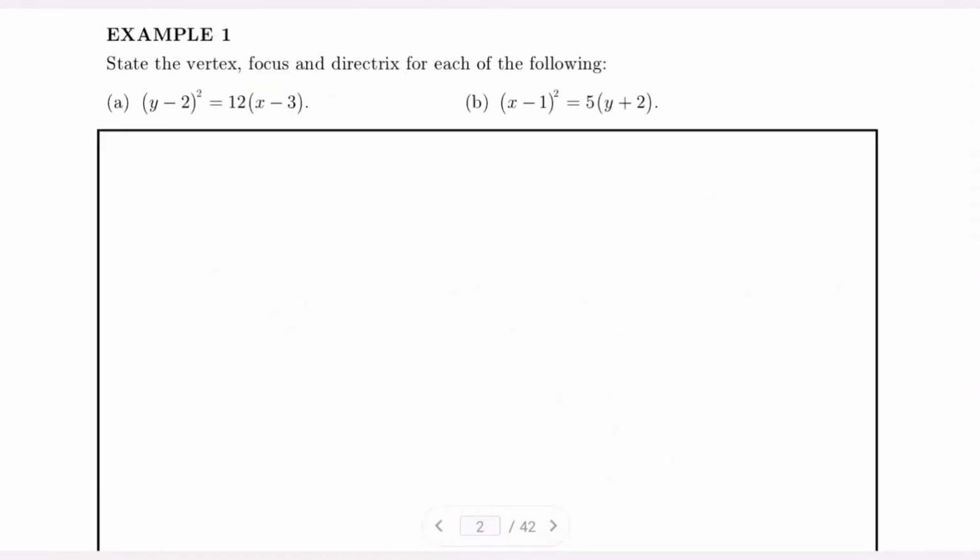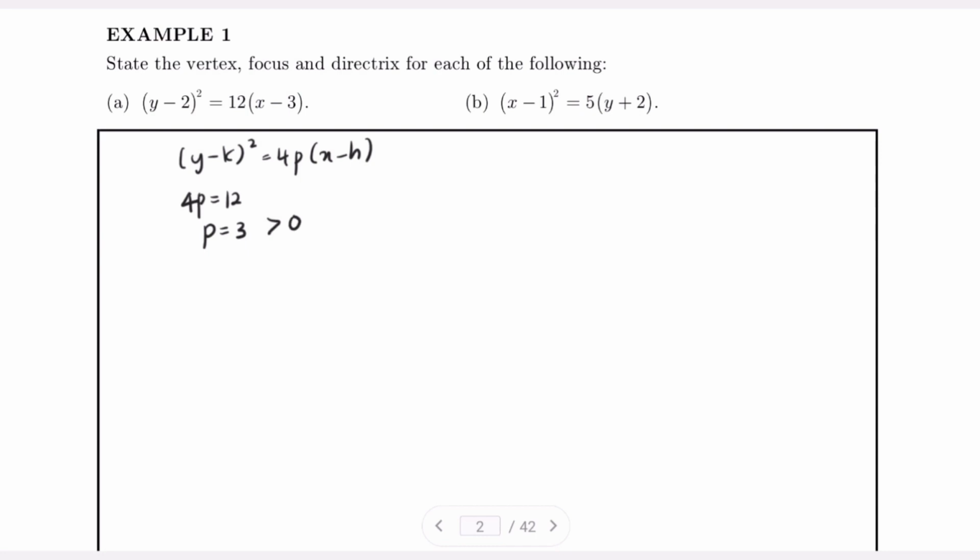First example. You have to state the vertex, focus, and directrix for y minus 2 squared equals 12 times x minus 3. First we're going to compare with the formula, which is y minus k squared equals 4p times x minus h. We notice that 4p equals 12, so p equals 3.